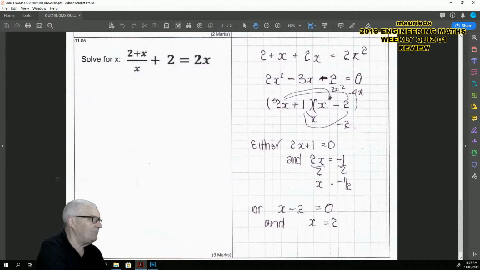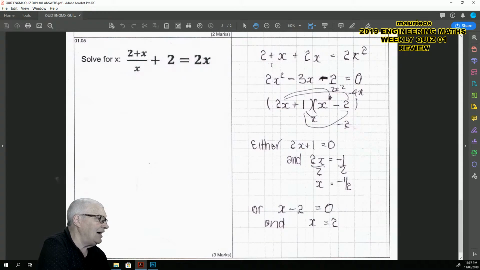So let's simplify it a little bit. I've brought the 2x squared over to this side and rearranged it. So I've gone 2x squared, and then this plus x and 2x there is 3x, so minus 3x.